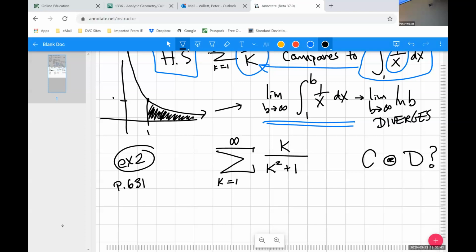So what the convergence test allows us to consider, so you basically say, could I do the integral from 1 to infinity of x over x squared plus 1 dx?